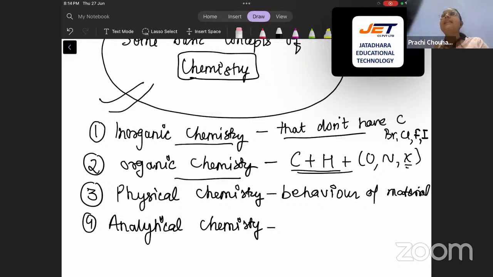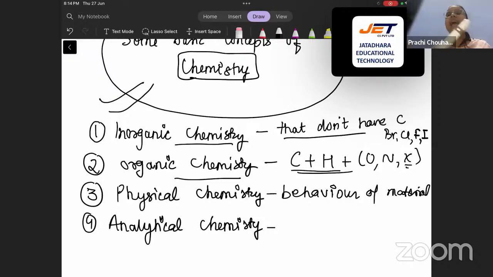For example, glucose, methane, and various other compounds, like the fuel you use in vehicles, that is octane. Those compounds have carbon and hydrogens. Now, excluding these compounds, if we are learning about HCl, H2SO4, or the salts, or all the elements present in the periodic table.